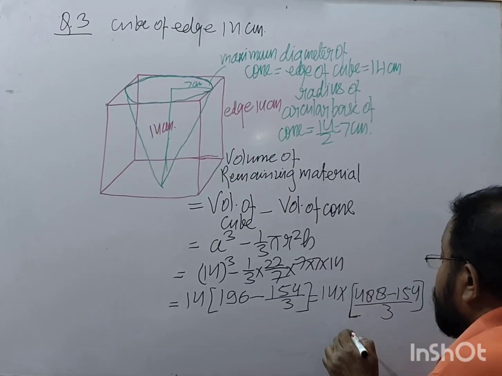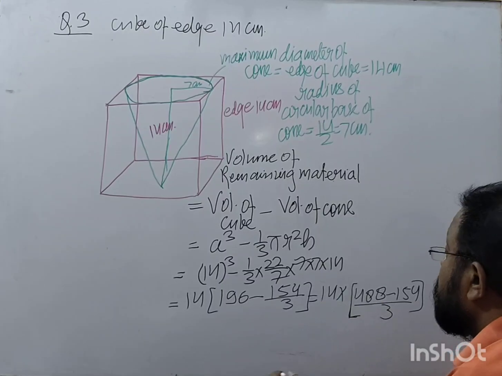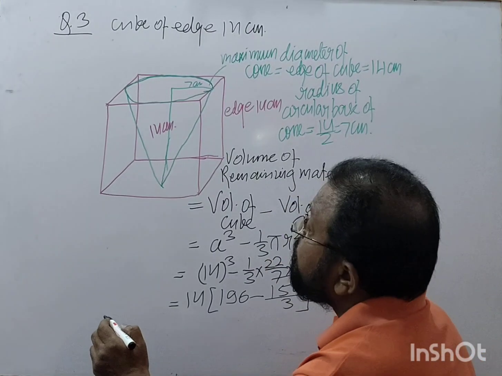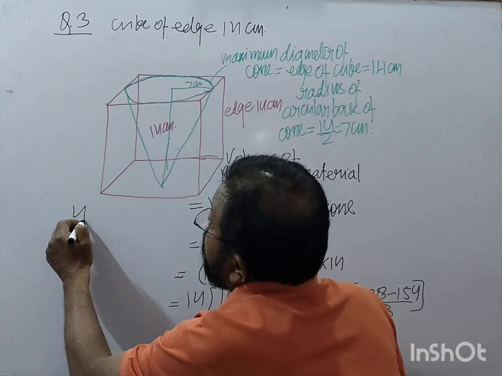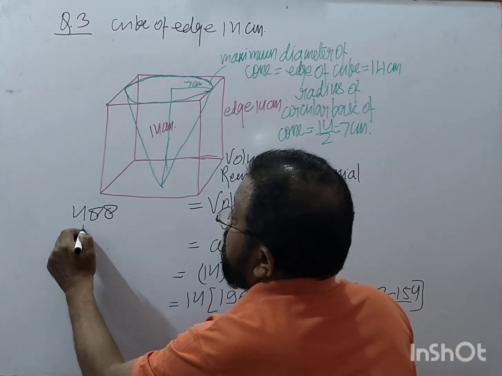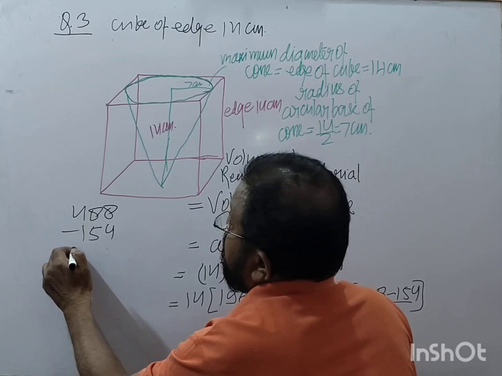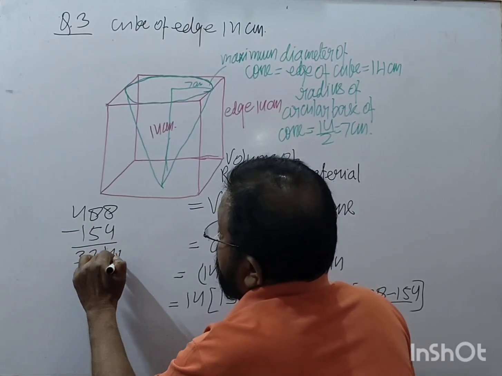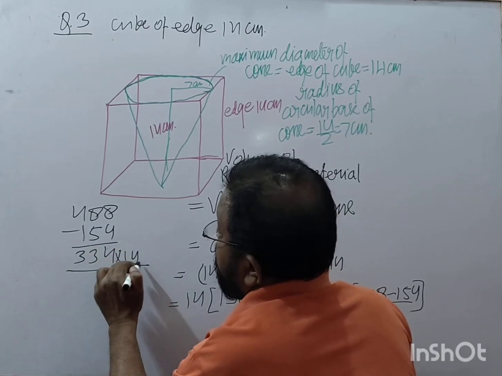Now how much do you get? 488 minus 154, 3 into 14.